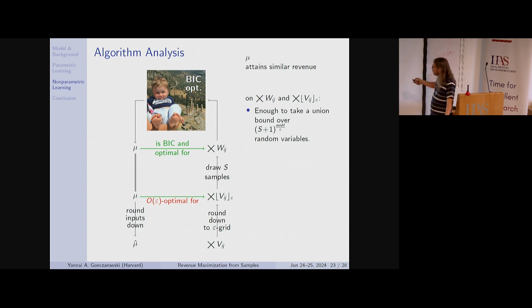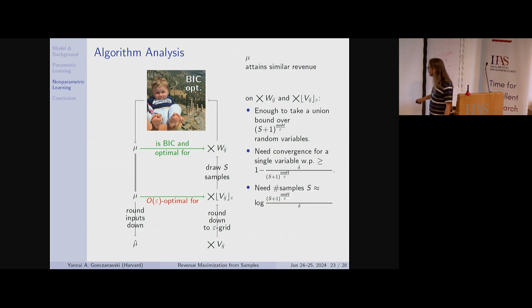So for each of these auctions, if I show you that except for events that have probability delta over this number, each of these auctions has similar revenue here and here, by a union bound, all of them have similar revenue here and here, and in particular it will mean that any mu that is output has similar revenue here and here, which is what I wanted.